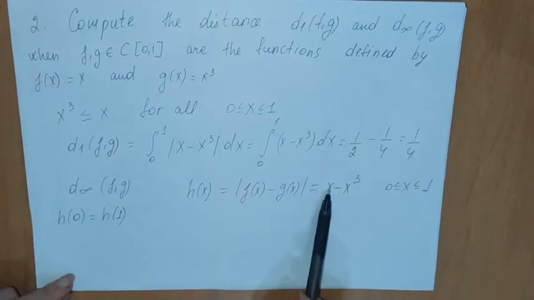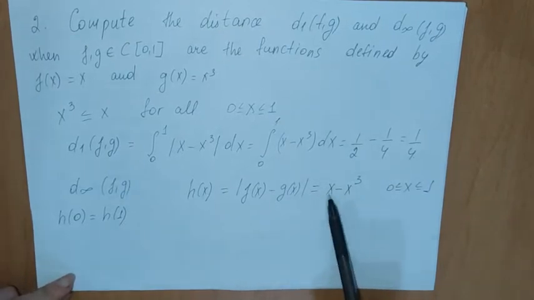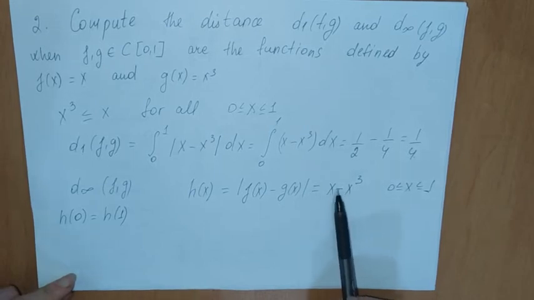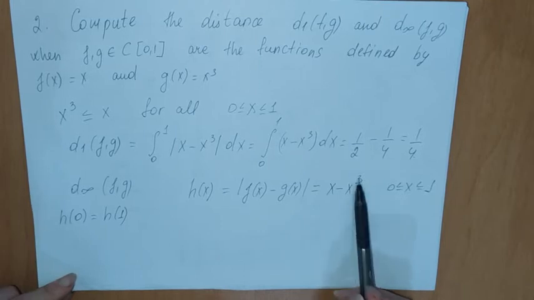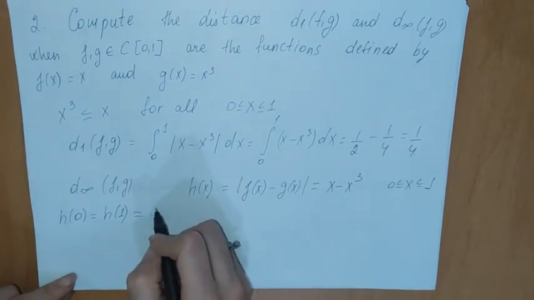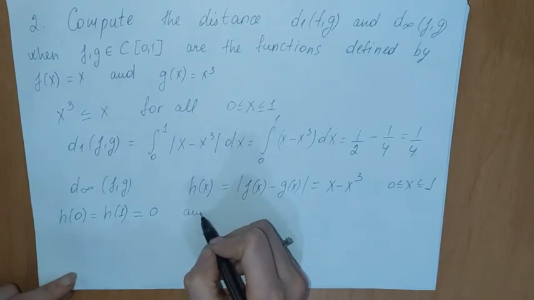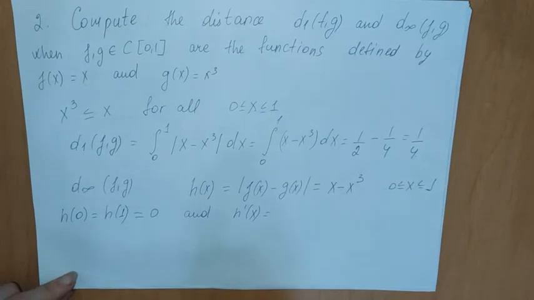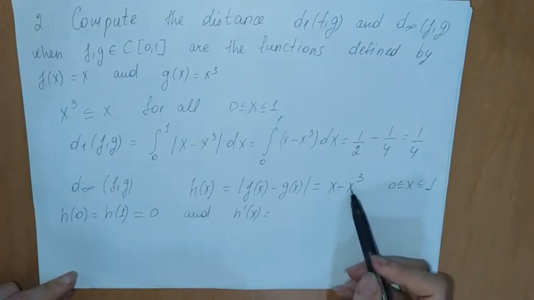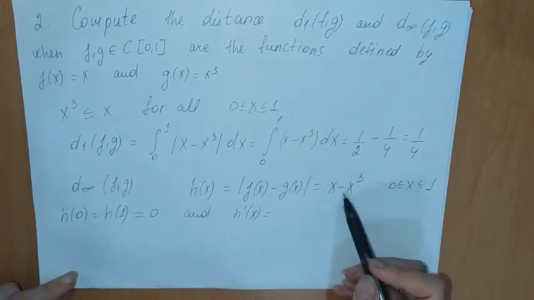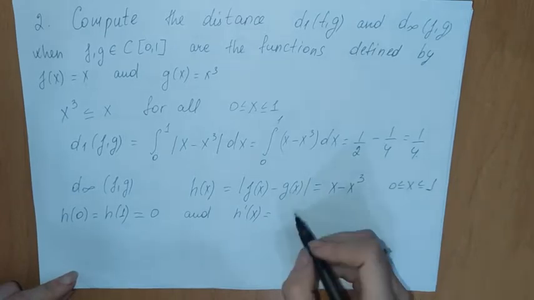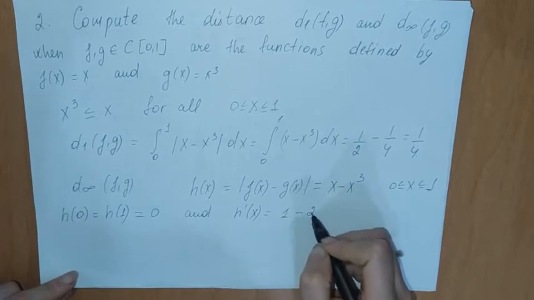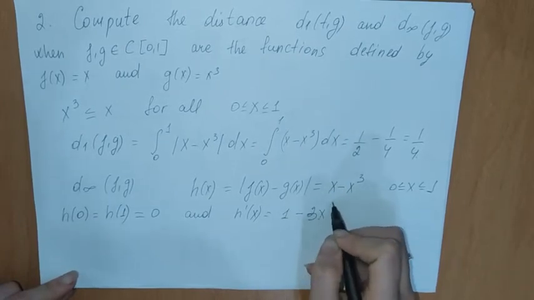If we plug in 0, it is 0 minus 0. If we plug in 1, it is 1 minus 1. Both results are equal to 0. And h prime of x, if we find the derivative of this formula, is 1 minus 3x squared.